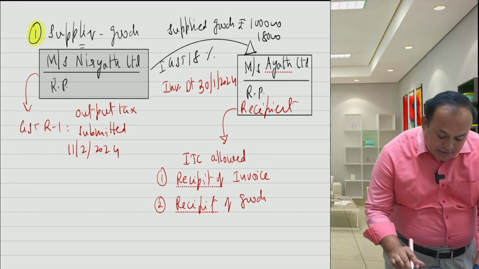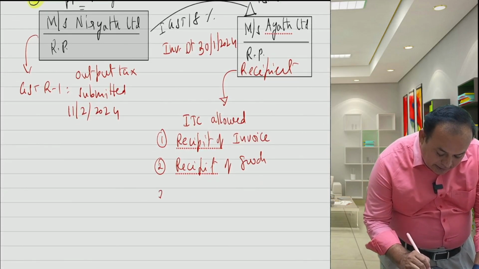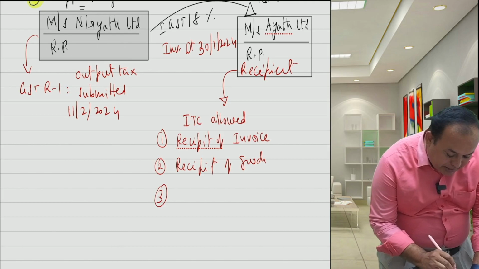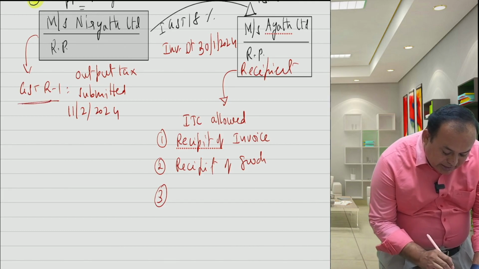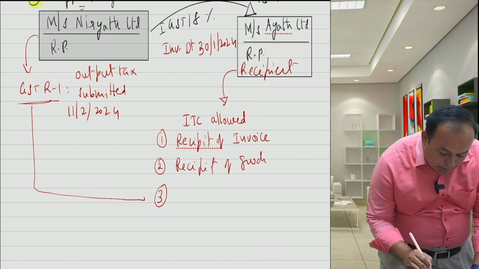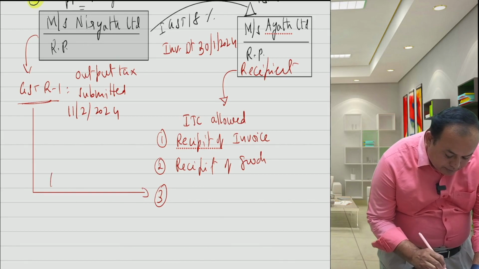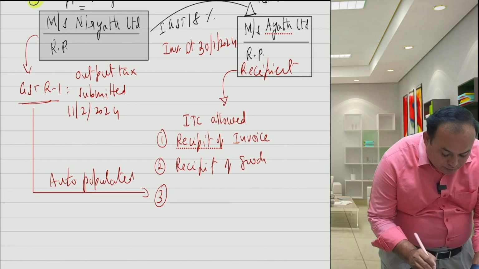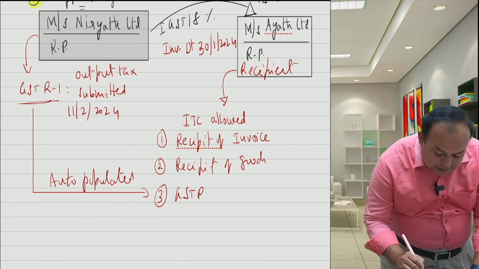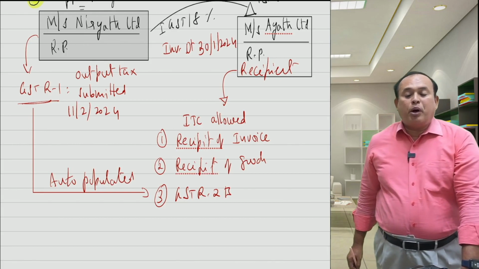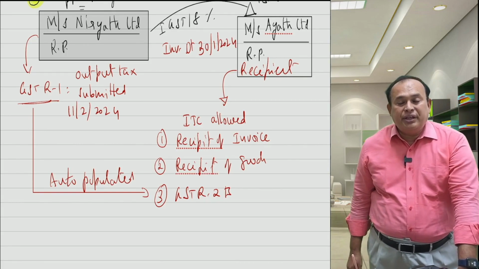In the given case, since he has submitted the GSTR-1 return, which is directly linked here, auto-populated GSTR-2B.